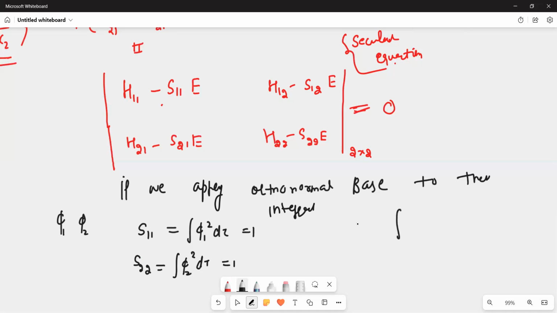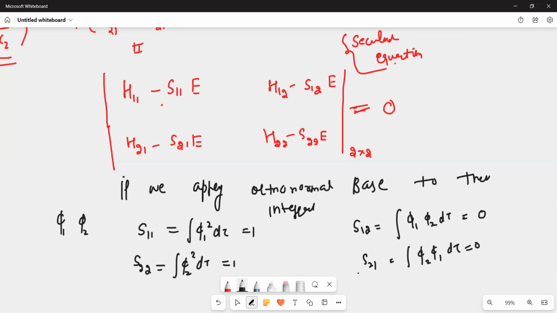And the integrals S12, which is phi 1 phi 2 d tau, if we apply the orthonormal basis set, this is equal to 0. Similarly phi 2 phi 1 d tau is also equal to 0.